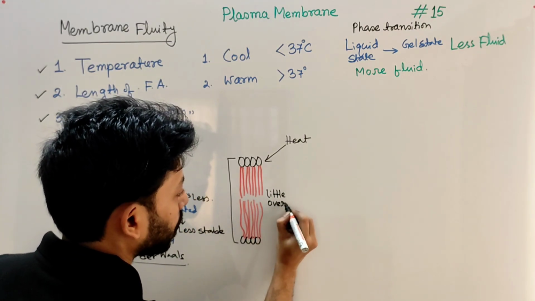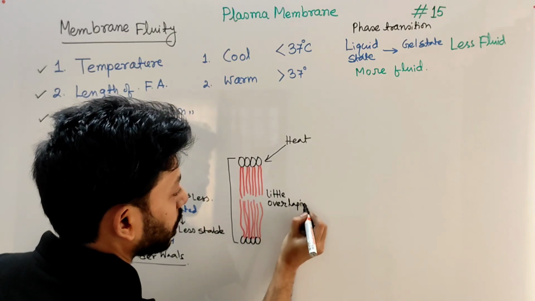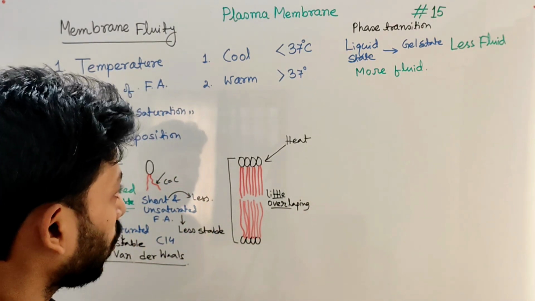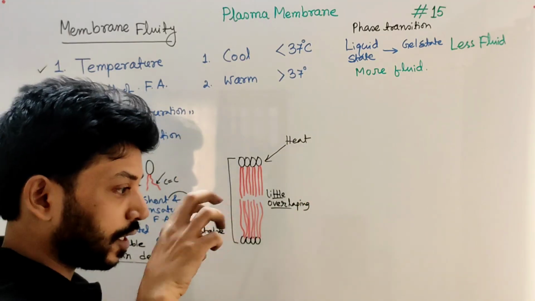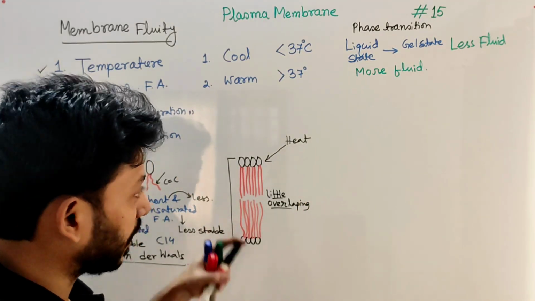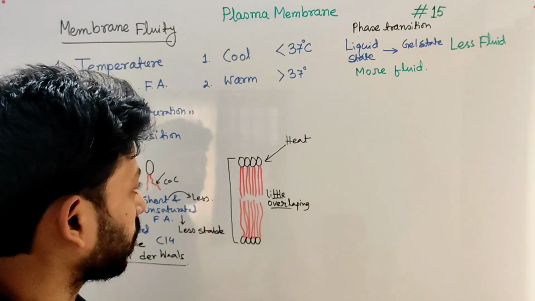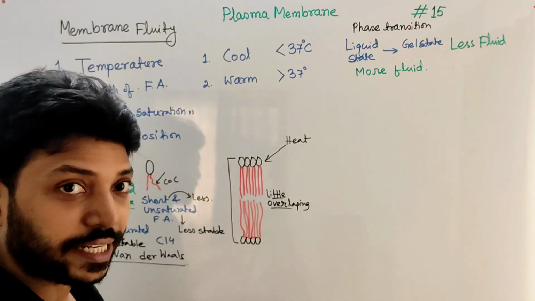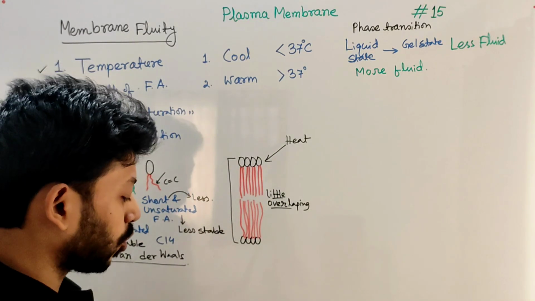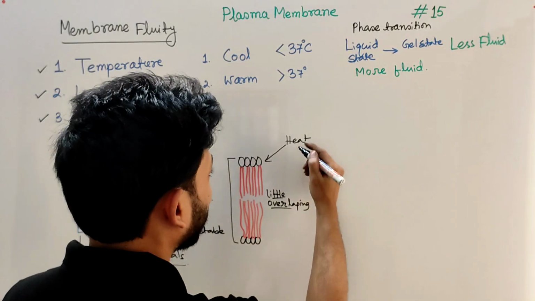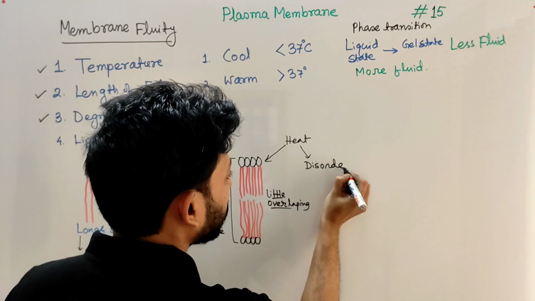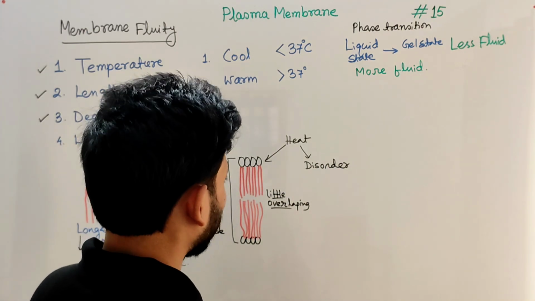There is little overlapping between the fatty acids, that's why it is very ordered. But when we heat this bilayer structure, what will happen? These hydrophobic fatty acids will become disordered. So disorder will be introduced. So heat introduces disorder, and for this disorder, what will happen?